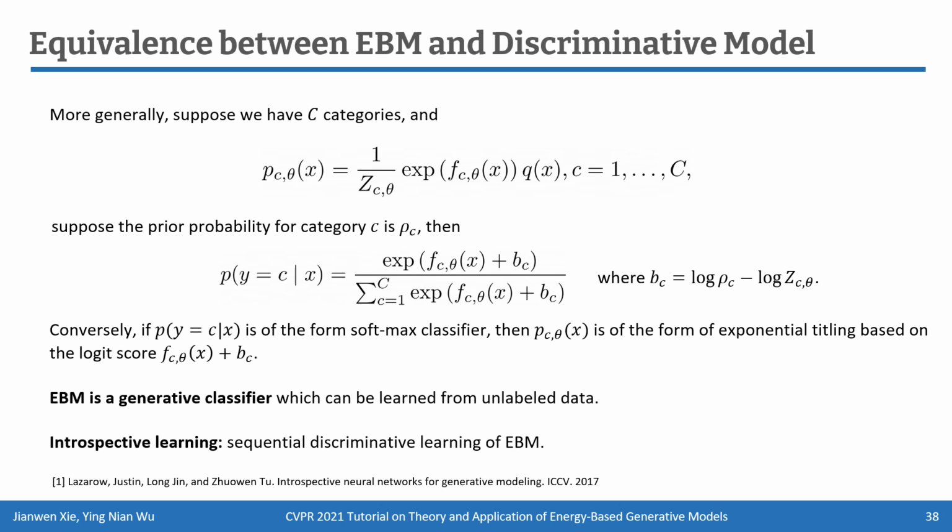Conversely, if P of y given x is of the form of a softmax classifier, then P of x for a specific category will be of the form of exponential tilting. Therefore, the discriminative model and the EBM are equivalent to each other.